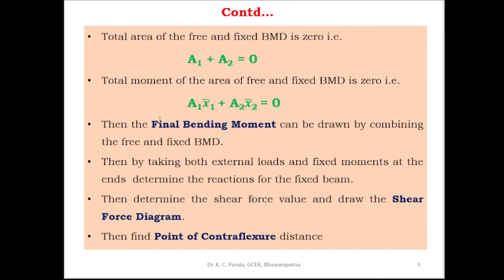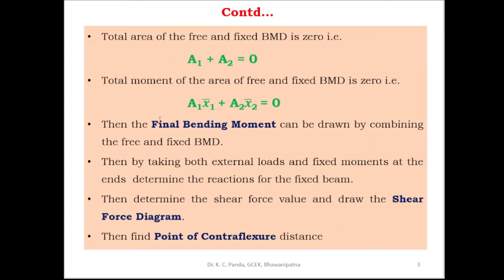Then the second theorem is that the total moment of the area of the free and fixed bending moment diagrams is 0. Here you have to take the moment of the free bending moment diagram from support A or support B, plus the moment of the area of the fixed bending moment diagram from the same support.